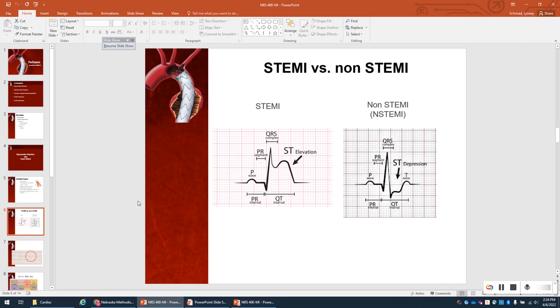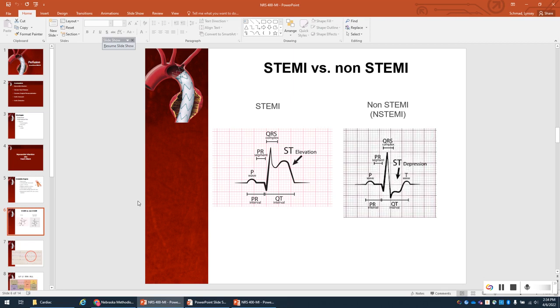So a STEMI occurs because the right main or the left main coronary artery, which is the most common place, is 100% occluded. This occlusion causes an ST elevation on the EKG strip, as you can see on the left.